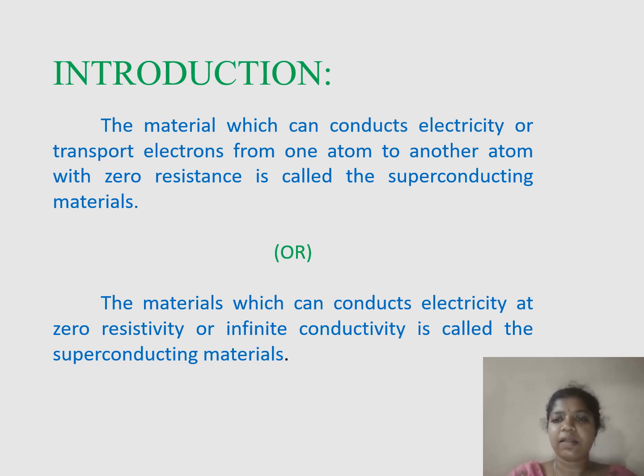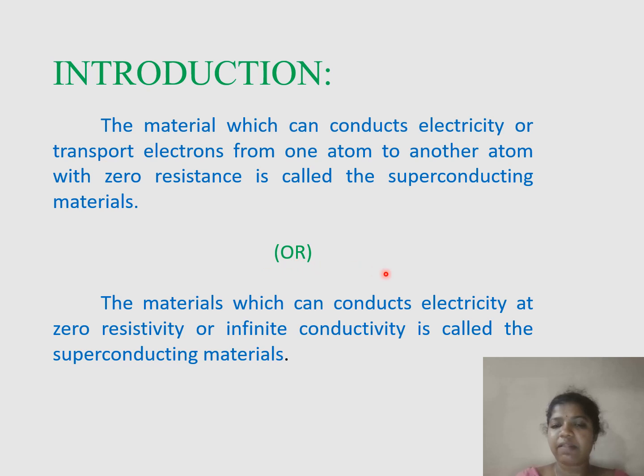Semiconductors are the materials or substances which have the properties of both conductors and insulators. Examples of semiconductors are silicon, germanium, etc. Now superconductors. Superconductors means materials in which electricity can be conducted at zero resistance. The material which can conduct electricity or transport electrons from one atom to another atom with zero resistance is called a superconducting material.